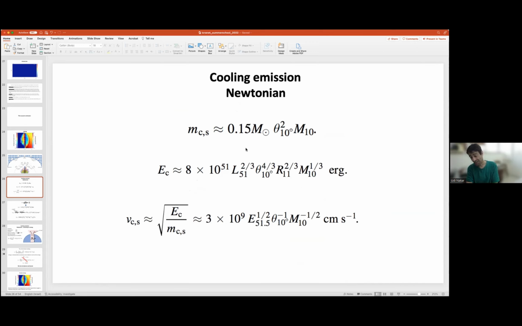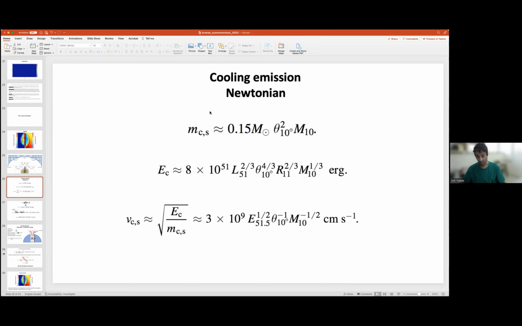The energy, as I said before, is comparable to the energy in the jet, roughly 10^51. Here I took a slightly stronger jet, so it's almost 10^52, but this is because of the parameters that I chose. And the velocity is simply the energy divided by the mass, which is about 0.1 C, as I said before.